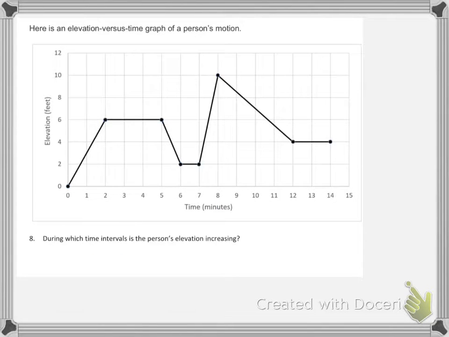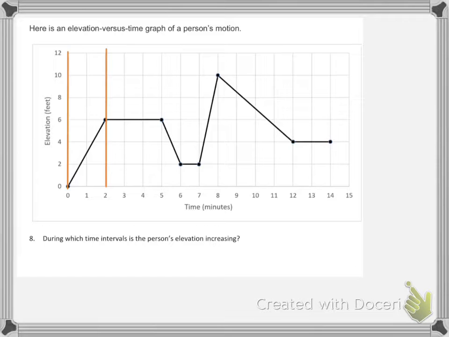Number 8. During which time interval is the person's elevation increasing? Well, there are 2 areas where the elevation is increasing. This first one is from time 0 through time 2 seconds.